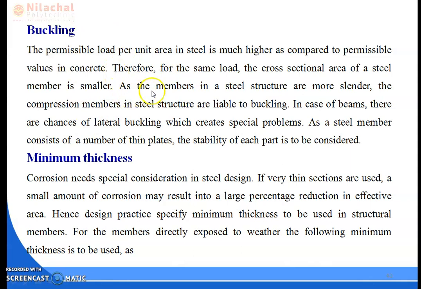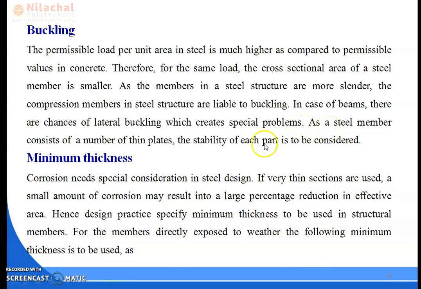As the members in the steel structure are more slender, slender means the effective length by radius of gyration, which is always for the column section. So the compression members in steel structure are liable to buckling. In case of beams, there are chances of lateral buckling, which creates a special problem.